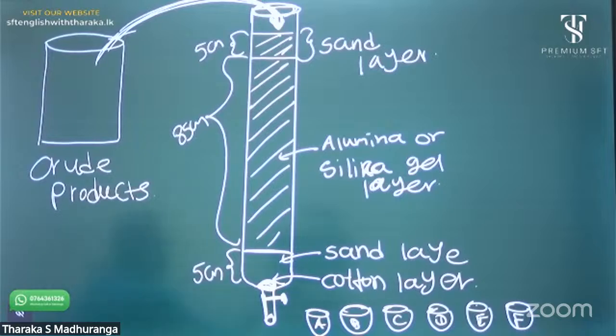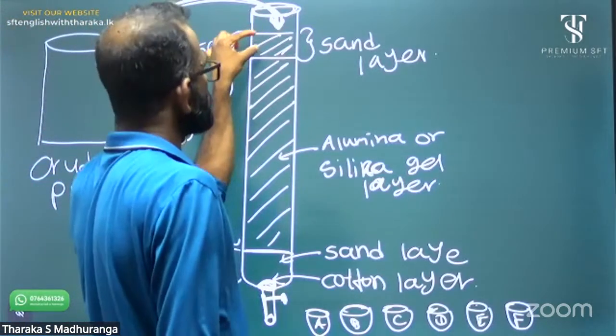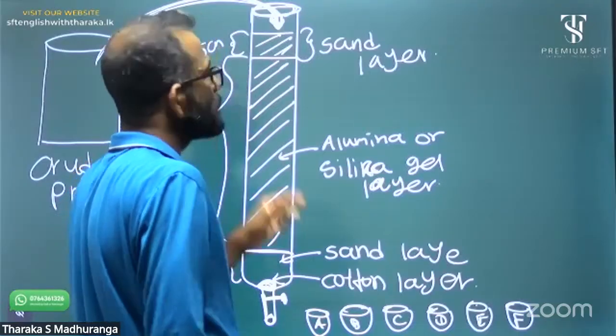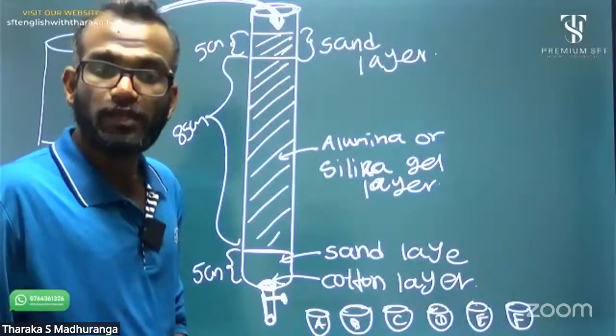Okay, now there was an exam question. There was an exam question on column chromatography. What's the purpose of adding 2 sand layers around the gel layer?